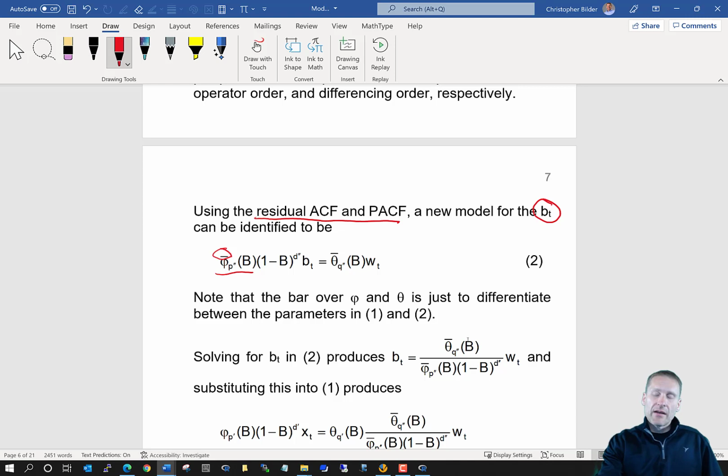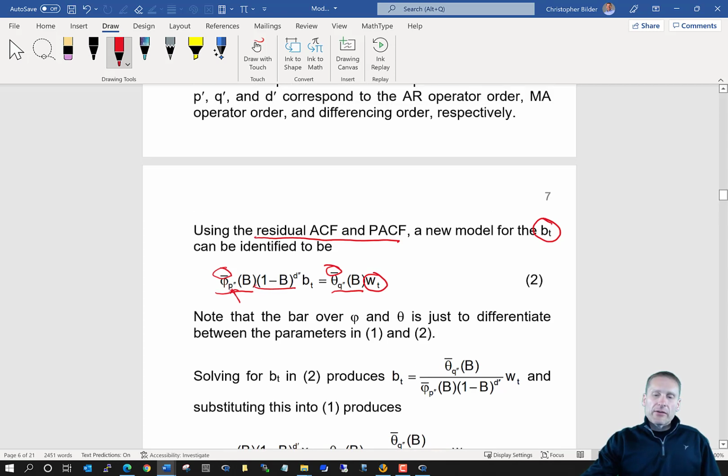This AR operator is for the residuals from the previous model. It has an order of, let's say, p double prime. I have the differencing, and a moving average operator as well for these corresponding residuals. And let's say that this model completely takes care of the problems that we found with the previous model, so that we do have white noise actually left over. Okay.